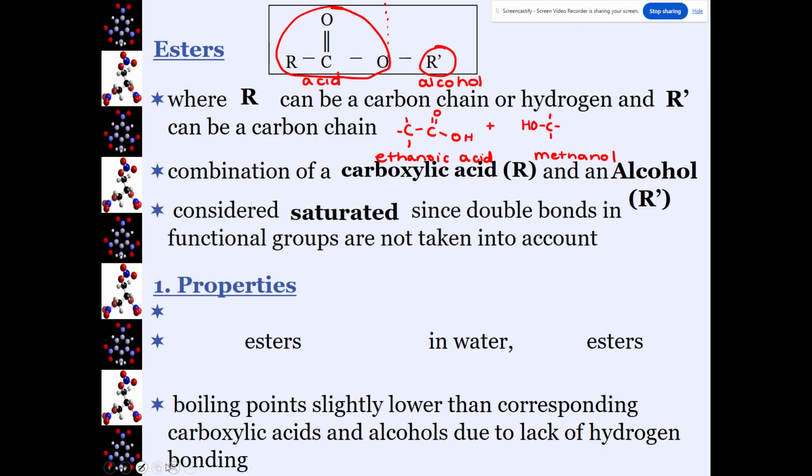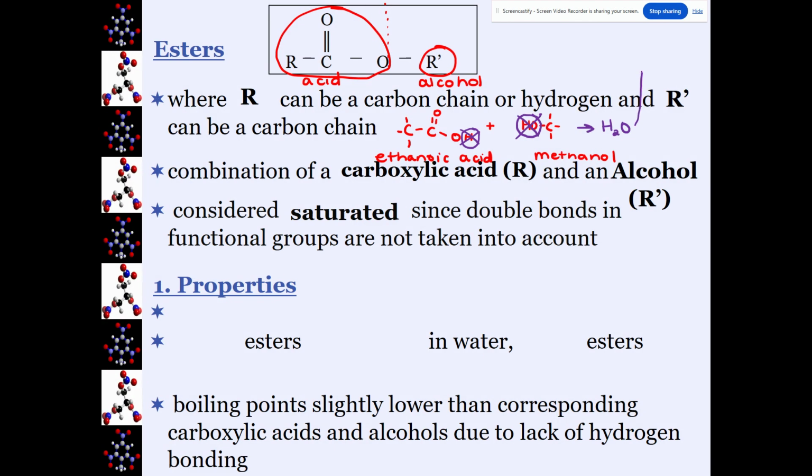Because what's happening in this reaction is the hydrogen comes off of the acid and the OH comes off of the alcohol. They come off, and they actually form a molecule of water, HOH.